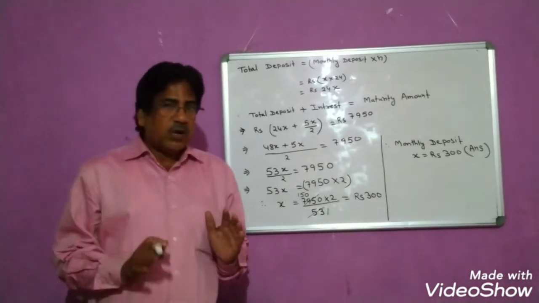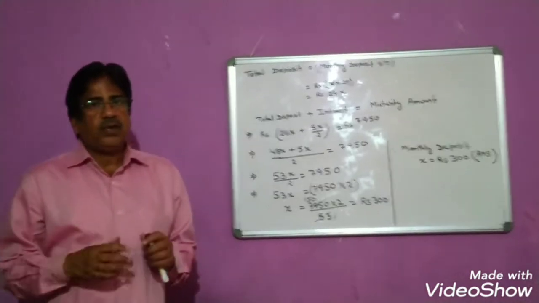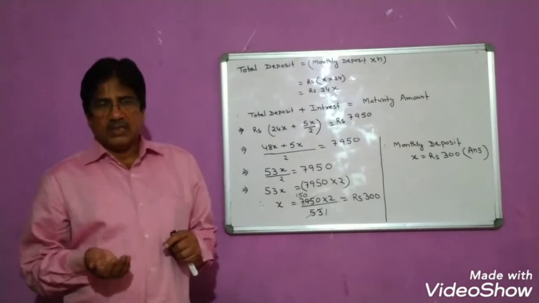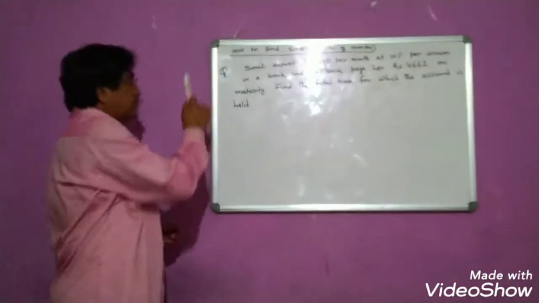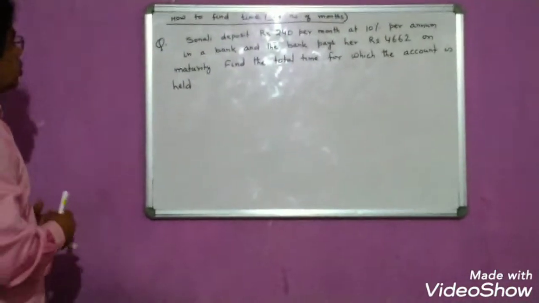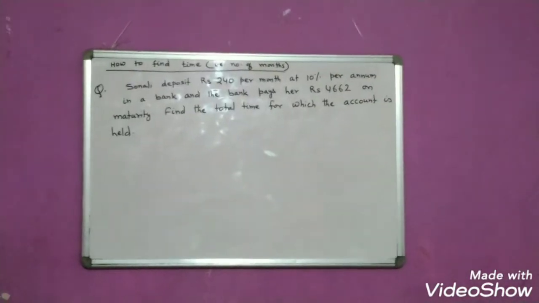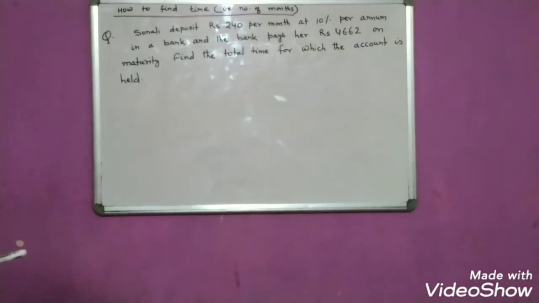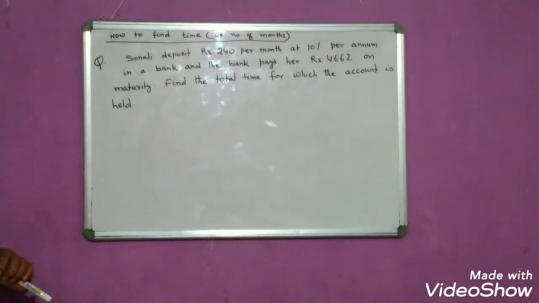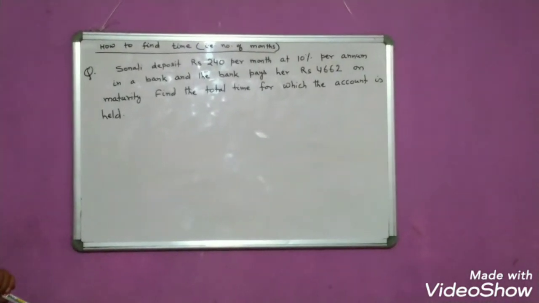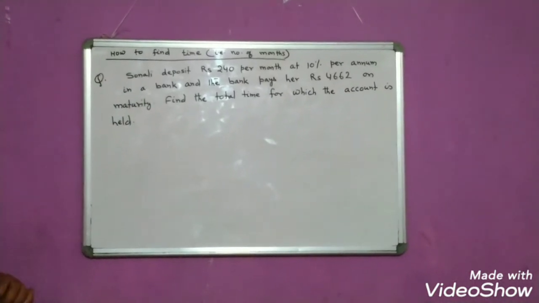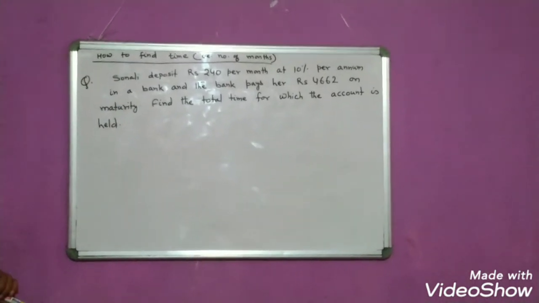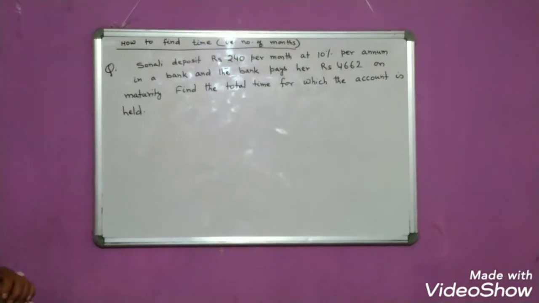Now we will discuss how we will find out the number of months in case of recurring deposit account questions. The question is, if Sonali deposits rupees 240 per month at 10% per annum in a bank, and the bank pays rupees 4,662 on maturity, find the total time for which the account is held.